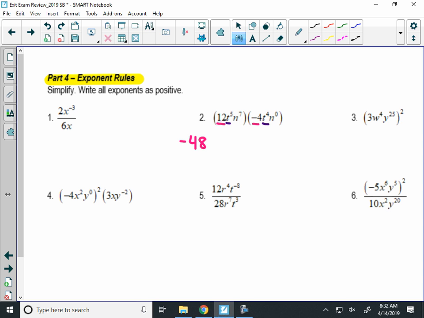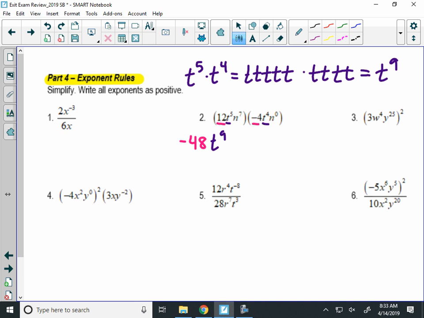I'll show you the long way real quick, and then you'll remember the rule. If I'm taking t to the 5th times t to the 4th, well, t to the 5th is 5 t's times 4 t's, and when you multiply all those together, you get 9 t's, which is t to the 9th.